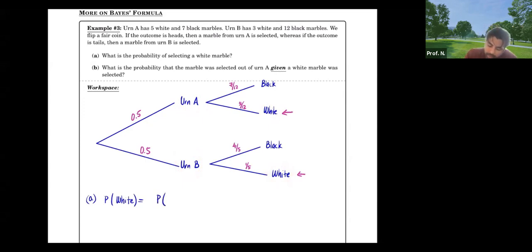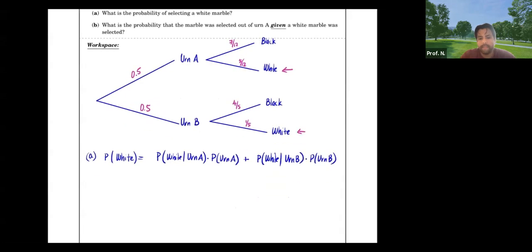The probability of it being white, given that it came from urn A, multiplied by the probability of getting urn A, then I have to add the probability that it's white, given that it came from urn B, multiplied by the probability that I got it from urn B.